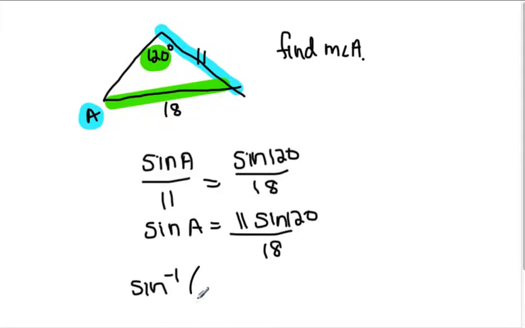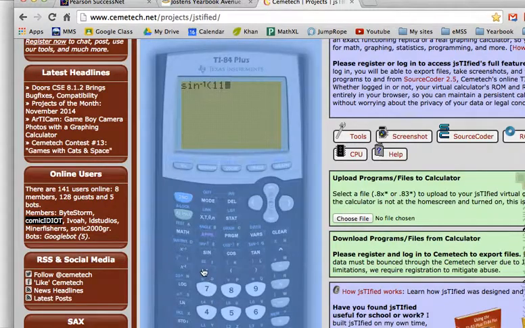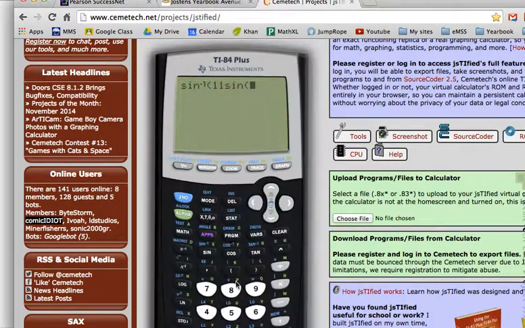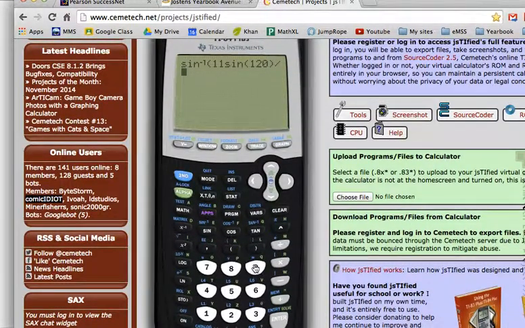So I'm going to say the inverse sine of 11 times the sine of 120 divided by 18 is going to equal the measure of angle A. So if we bring up our calculator, and I'm going to take the inverse sine of 11 times the sine of 120 divided by 18, equals about 32 degrees.